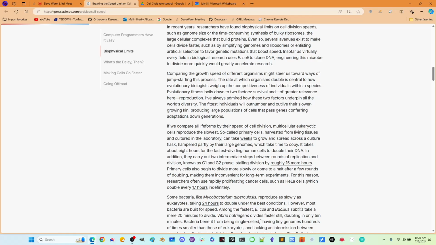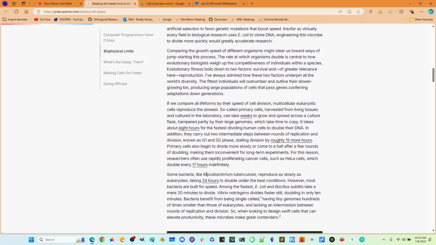They double every 17 hours, so they're very fast growing, and they're very useful for experiments where you need a quick doubling time. But they're not representative of a lot of cells in the body, and indeed, they don't really help you in a lot of contexts where you need specific types of cells that you want to work with.